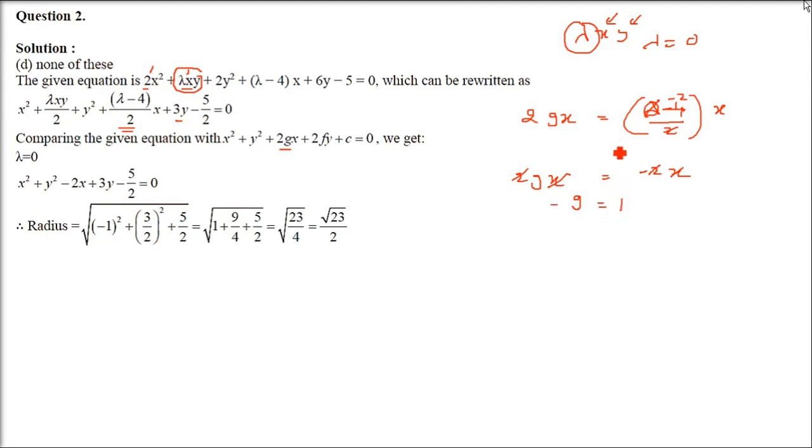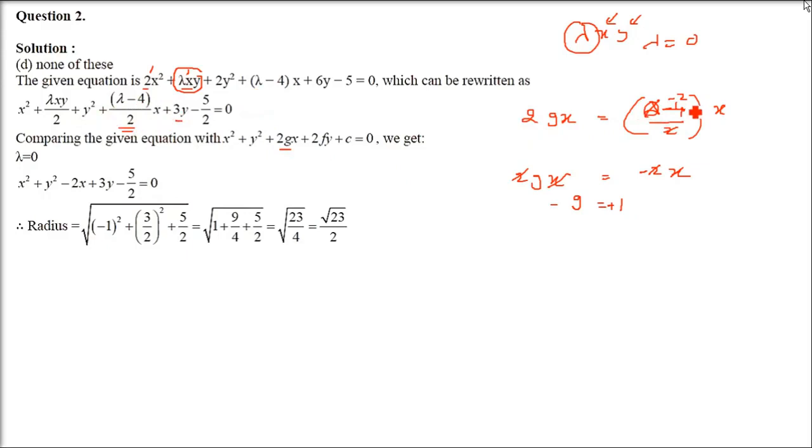The question is asking for the radius. So it doesn't matter. But again, let me re-emphasize, if you have to find the center, it should be minus g and minus f. But here it doesn't matter. You can have g.